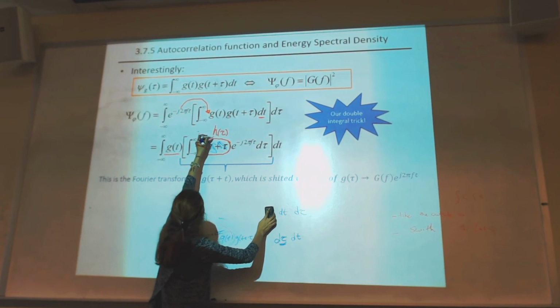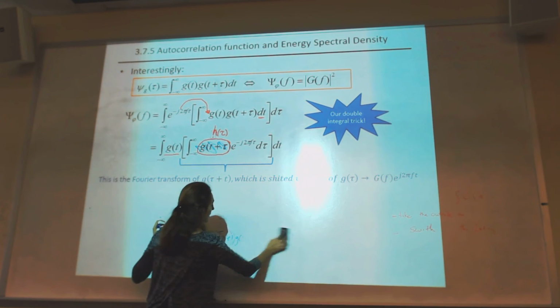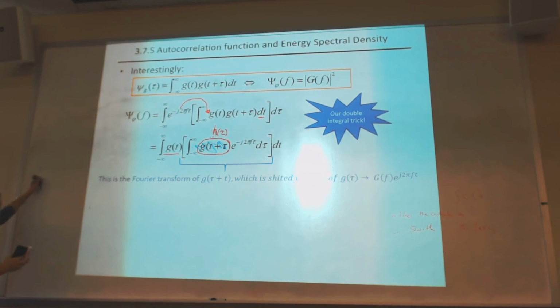Let's say g, I'm familiar with g: the integral of g(tau) e^(-j 2 pi f tau) d tau. What's that? Fourier transform.